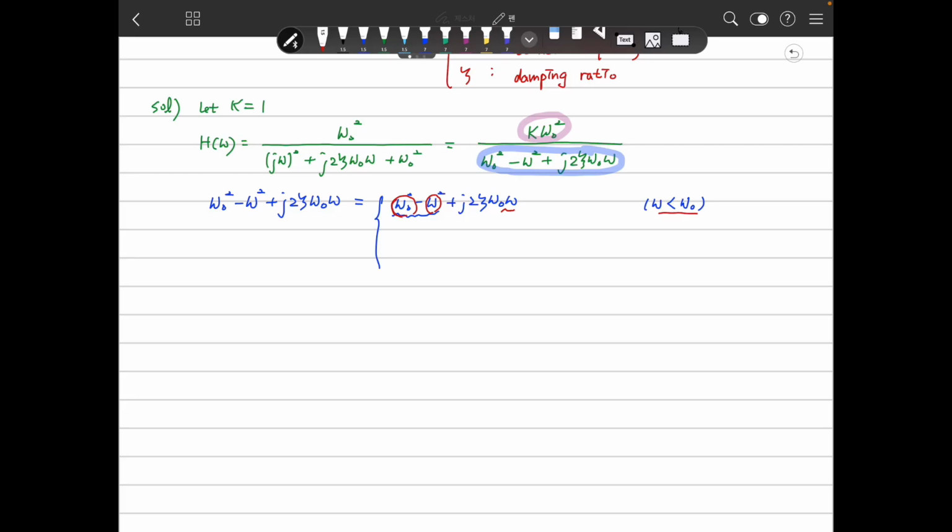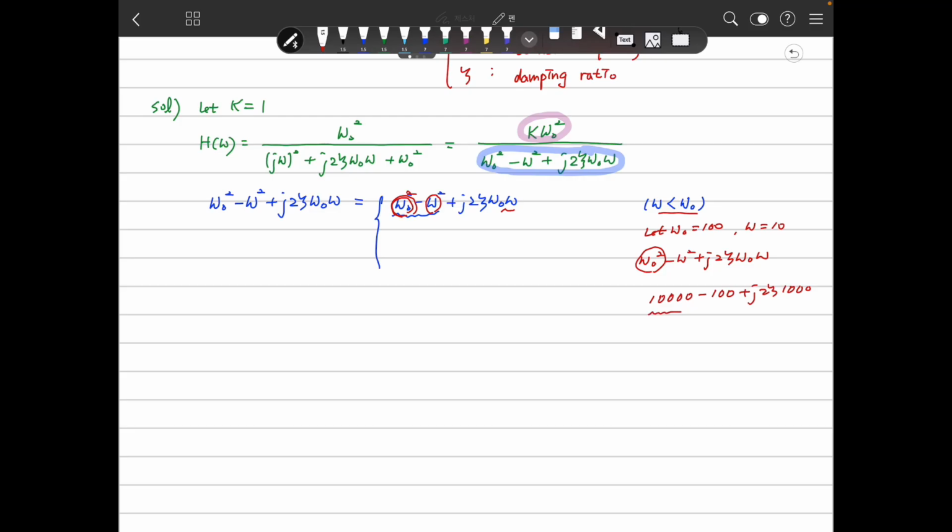Because this is a square, for example, let omega 0 be 100 and omega be 10. That means omega 0 square minus omega square plus j2 zeta omega 0 omega is minus 100 plus j2 zeta, that's it.